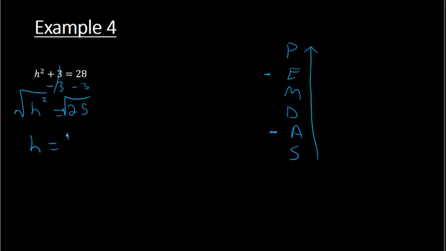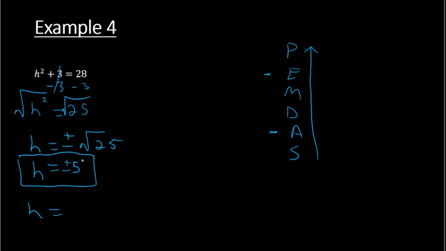And on the right side, don't forget I have a plus or minus square root of 25. So a positive square root of 25 is a positive 5, and a negative square root of 25 is going to be a negative 5. So my answer is h equals a positive or negative 5. So I can write it like that with the plus or minus sign, or as two answers where h is 5 or h is negative 5.